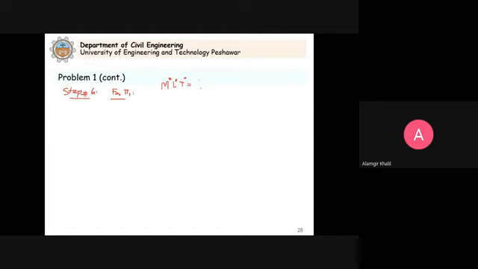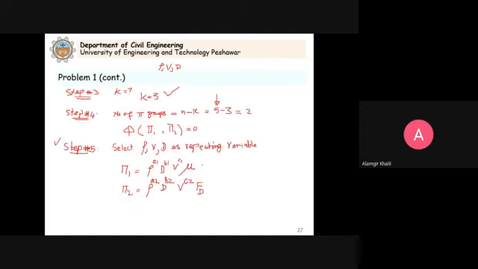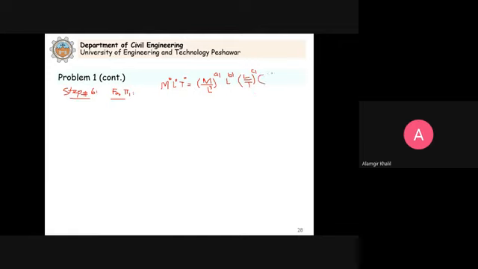On the other side it will be equal to (M/L^3)^a1, then we have L^b1, then we have velocity (L/T)^c1. I'm using this equation here, I just put the dimensions. And we have mu, which is equal to M/LT, and you already know the power is 1 here.